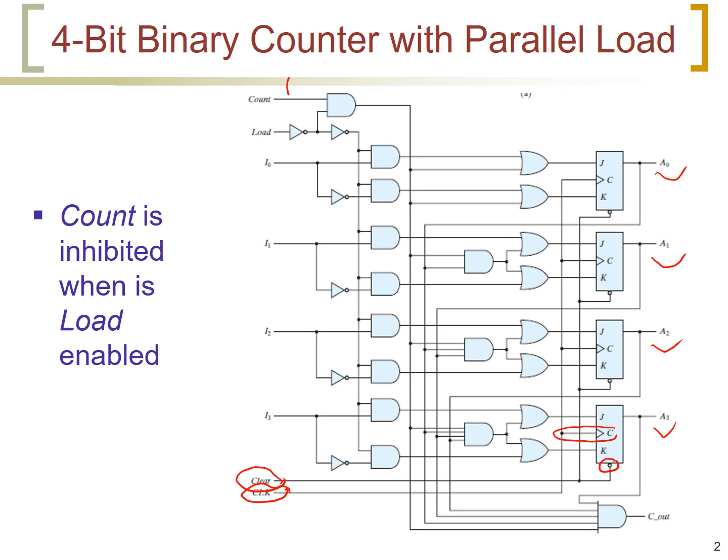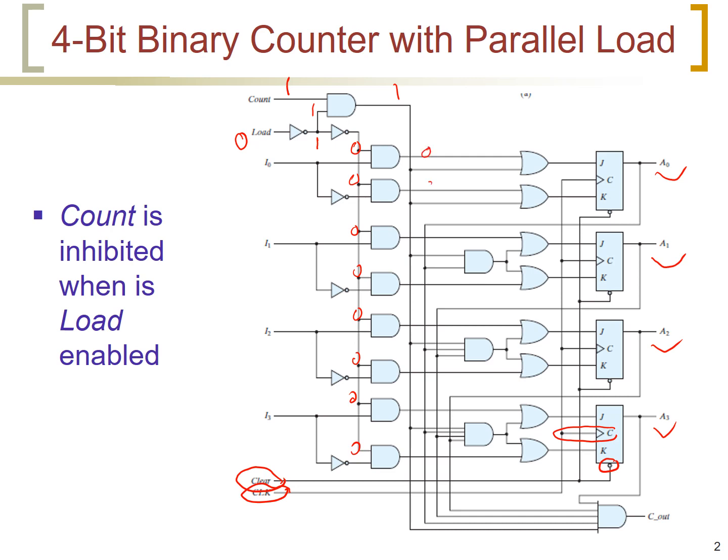So when count is 1 and load is 0, this will be 1 here and this will be 1 here. It will be 1 here and it will be 0 here. So if this is 0, look, we have zeros at all the inputs of these AND gates, and therefore the outputs of the AND gates will be zeros.